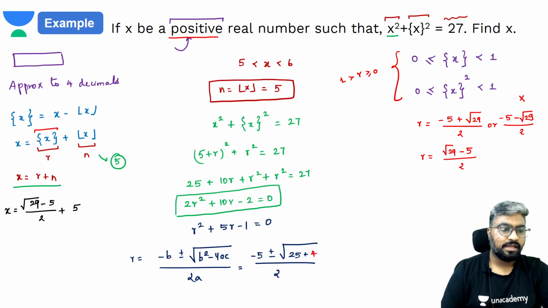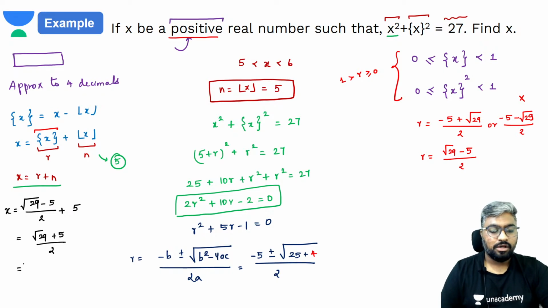If we take the LCM, what will we get? Root 29 minus 5 plus 10, that is root 29 plus 5, by 2. Root 29 will be a little over 5, 5.385.